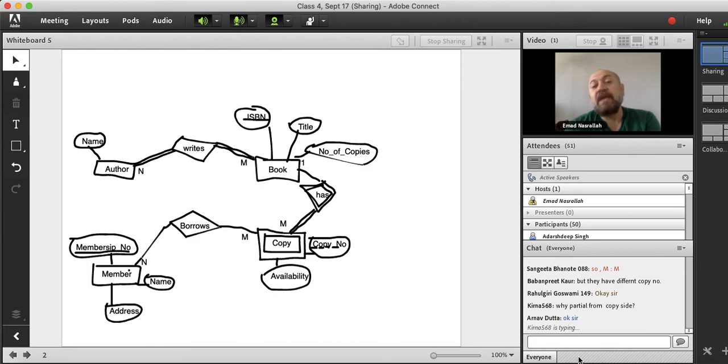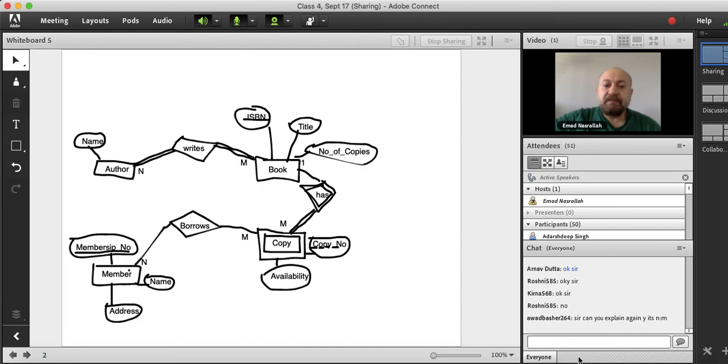Can you be sure 100% every single copy will be borrowed? That's it. So we are not sure 100%, we leave it partial. On the other hand, we are 100% sure the book was written by an author.